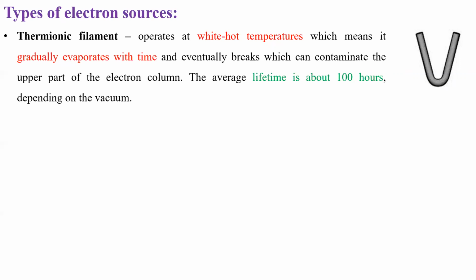The average lifetime is about 100 hours. Once you start from 0 hours, it will work for about 100 hours, depending upon the vacuum. So here we need to take care of the vacuum of the chamber, a completely closed condition.